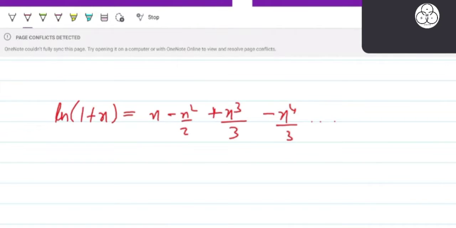Expansions are very important. Now put x equals 1, you will get ln 2 as 1 minus 1 by 2 plus 1 by 3, and so on, continued, right?